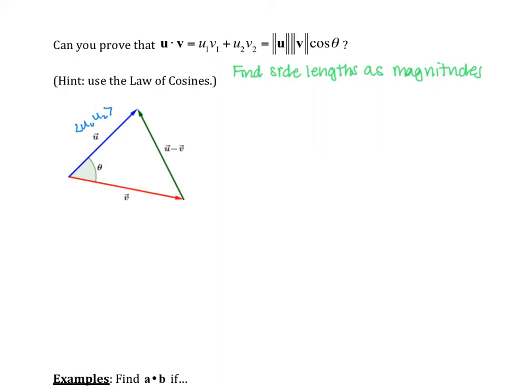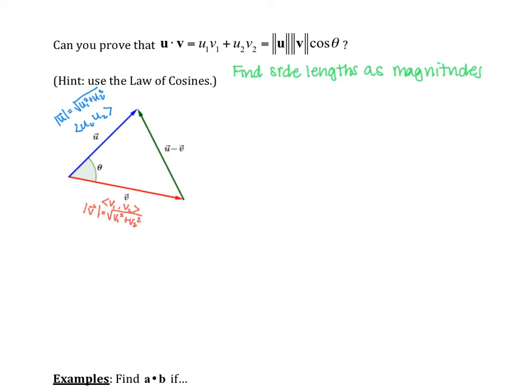That means the magnitude of u is equal to the square root of u1 squared plus u2 squared. Do you feel good about that? And for v, I'm going to call the components v1 and v2. Therefore, the magnitude of v would be the square root of v1 squared plus v2 squared.